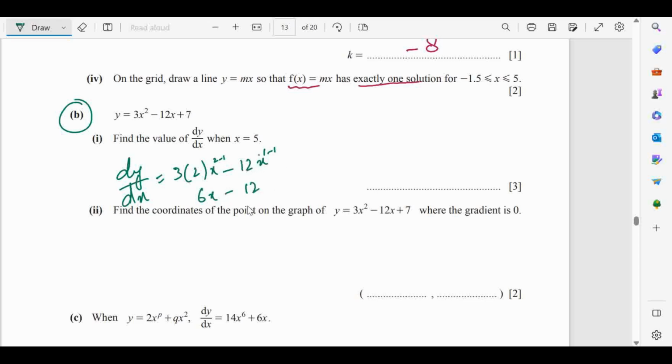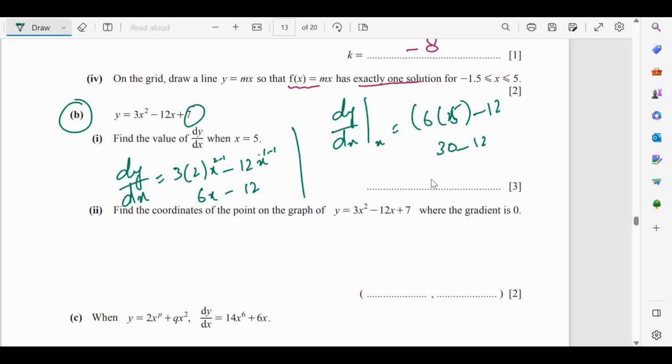Plus 7, and the derivative of the constant is 0. So we need to find out dy by dx when x is equals to 5, which means that 6 into 5 minus 12. So this will be 30 minus 12, means that this will be 18 will be the final answer. Let's move to the next one.